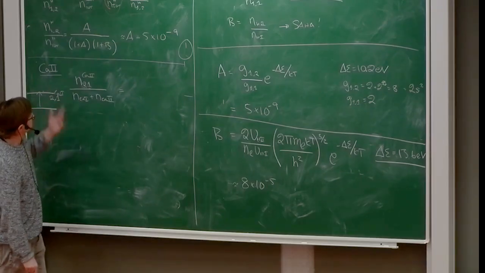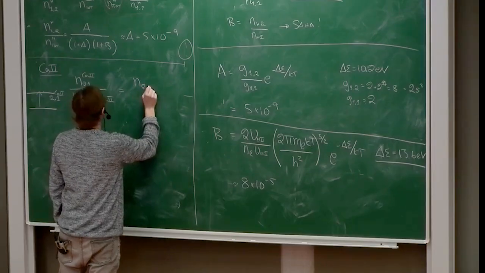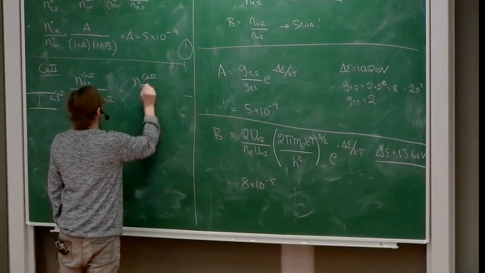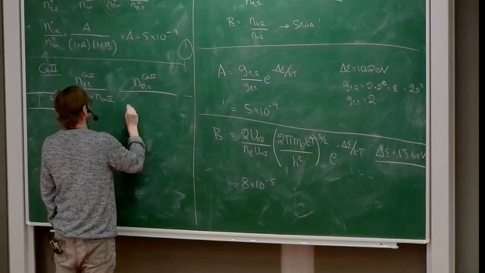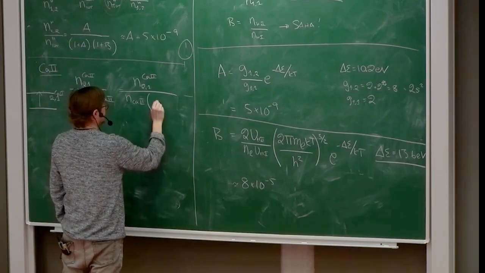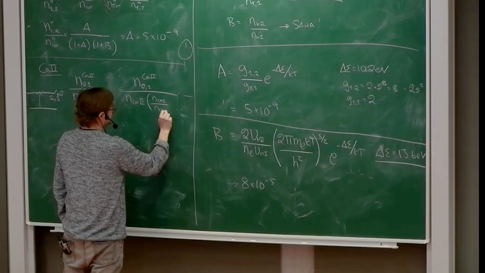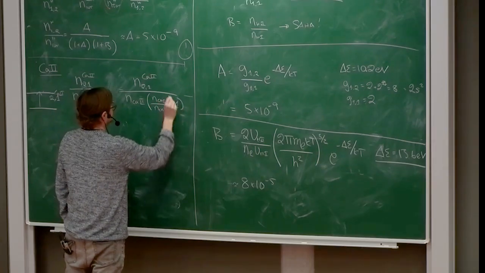So in this case, we're just writing this as N_21 of calcium 2 divided by, well, we can take another, then N calcium 2, and then we have N calcium 1, N calcium 2 plus 1, right, in the denominator.